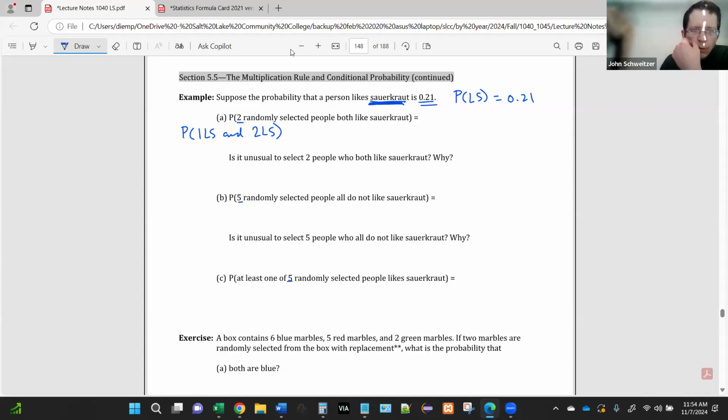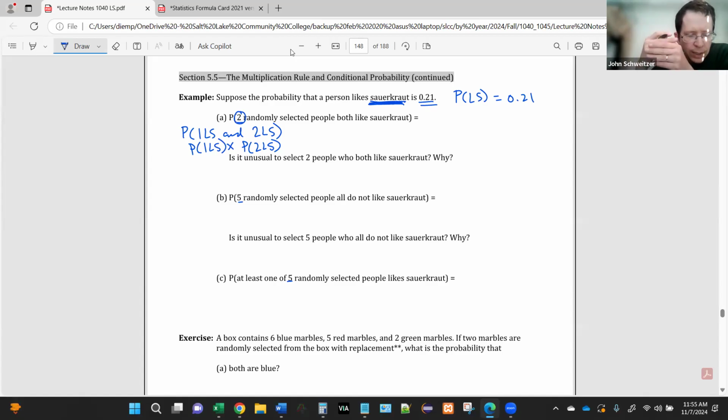Because if that's the case, then both people like it. Why did I do that? Well, because I have an and, right? And I know that ands can be broken up into a multiplication. It's called the multiplication rule. But we have to be careful here because we need to check for independence. So what's our population? We can imagine here maybe this is everybody in the country, right? So if you randomly select 2 people from at large in the country, then they're going to be independent of each other.